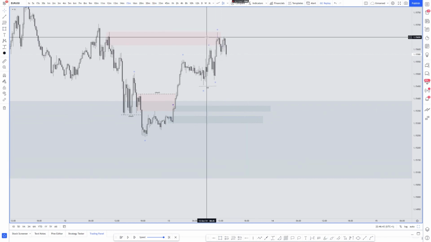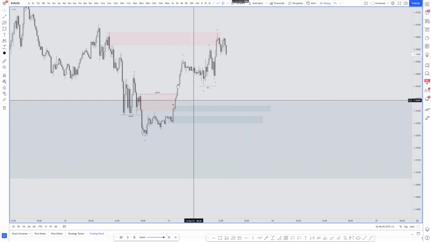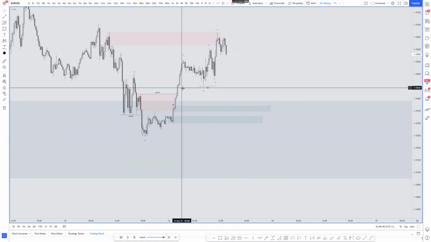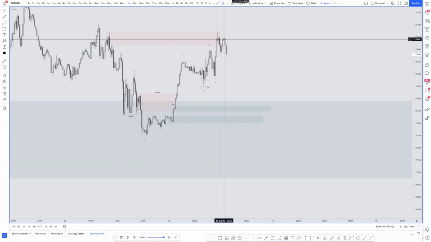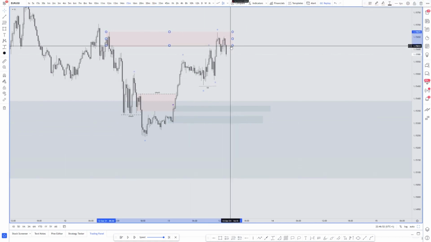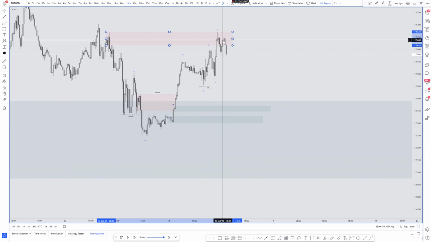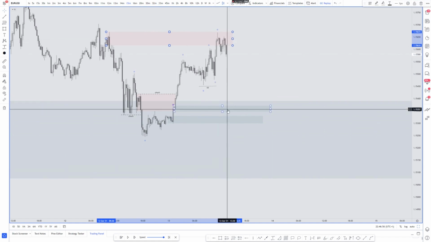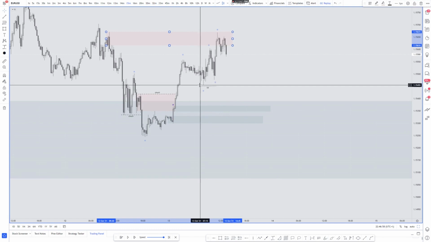So you have a form of a supply zone, but we also have liquidity here, or inducement. So it's very much so okay for this pair to turn bearish to come grab this liquidity.